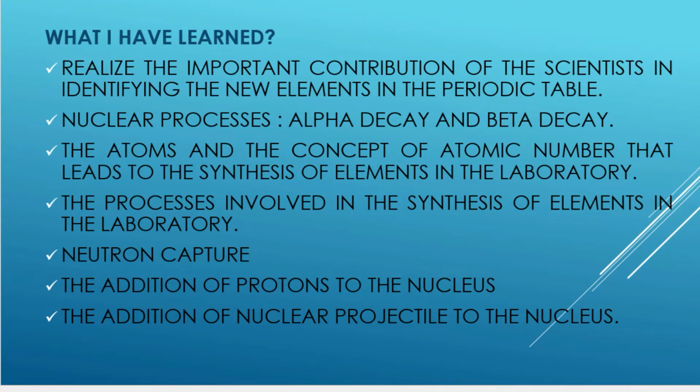You also learn some important nuclear processes like alpha decay and beta decay. Add to that, you learn the concept of atomic number that leads to the synthesis of new elements in the laboratory. Those processes like neutron capture, the addition of proton to the nucleus, and the addition of nuclear projectile to the nucleus are also tackled.